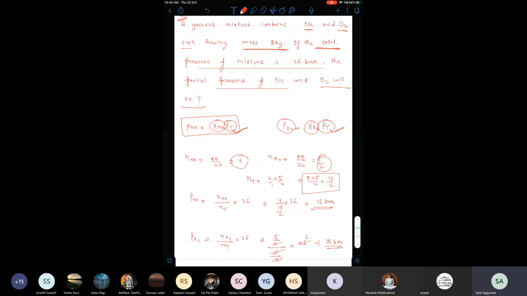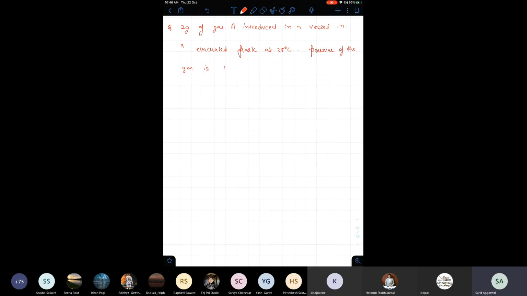Okay. So let's try other type of questions. Like, two gram of gas A introduced in an evacuated flask at 25 degrees centigrade. Pressure of the gas is 1 atmosphere.